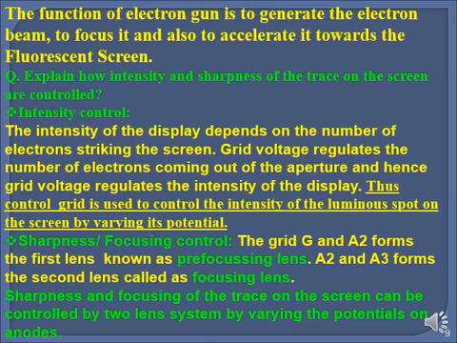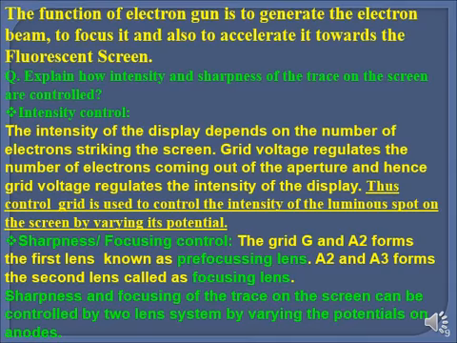The intensity of the display depends on the number of electrons striking the screen. So grid voltage regulates the number of electrons coming out of the aperture. Hence, grid voltage regulates the intensity of the display. As shown in the figure, the grid is kept at the highest negative potential. So when the grid is made maximum negative, it will allow fewer electrons to flow through the grid aperture, so intensity will decrease.